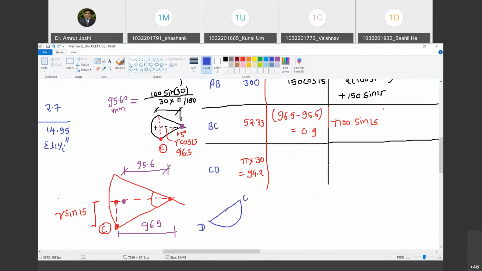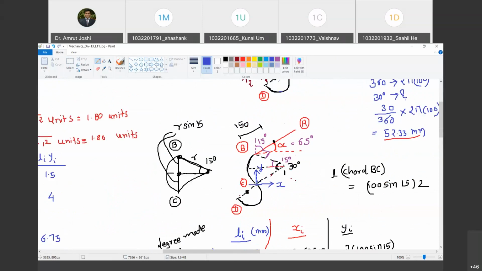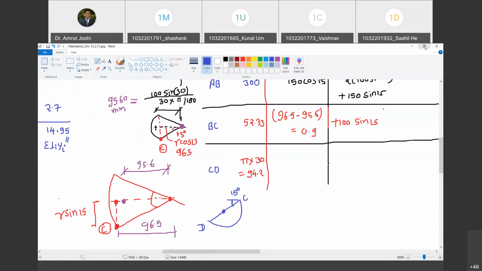Now, what is the angle made by this diameter with reference to horizontal? 15. It is the same as the angle made by this radius vector with horizontal. So can I write this angle as 15 degrees? Happy? Great.